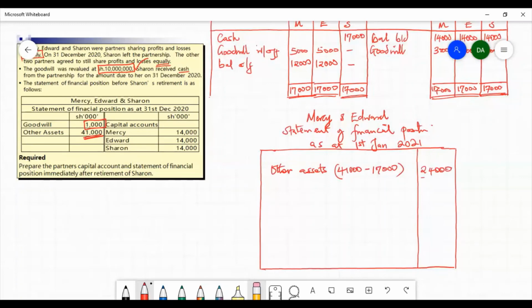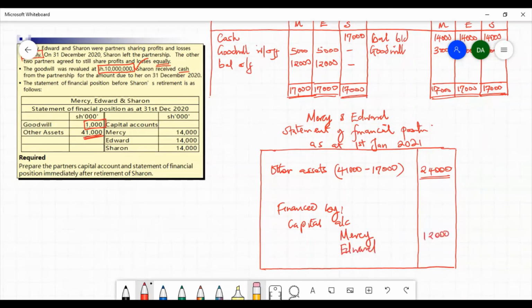That is the total assets, which is financed by the capital accounts for the remaining partners. So the capital account of Mercy and the capital account for Edward, which are 12 million each.